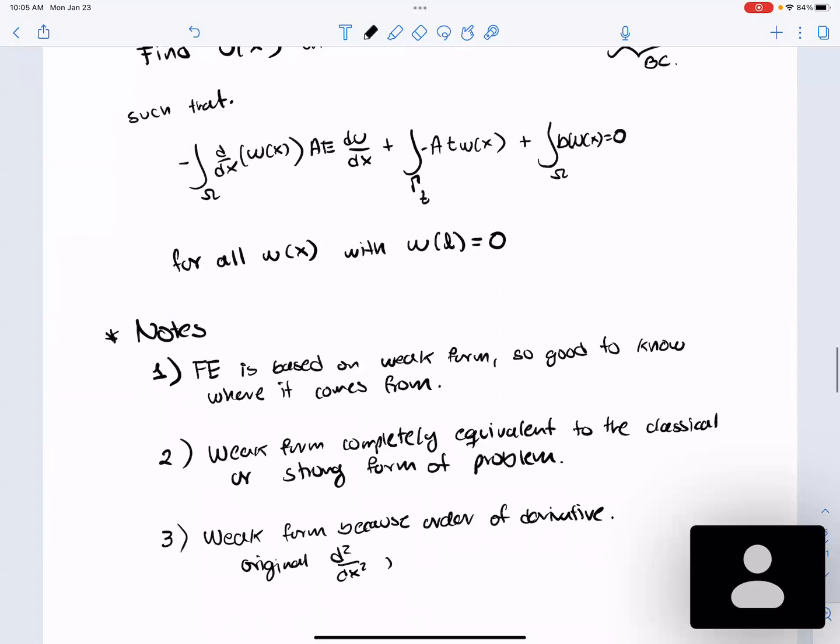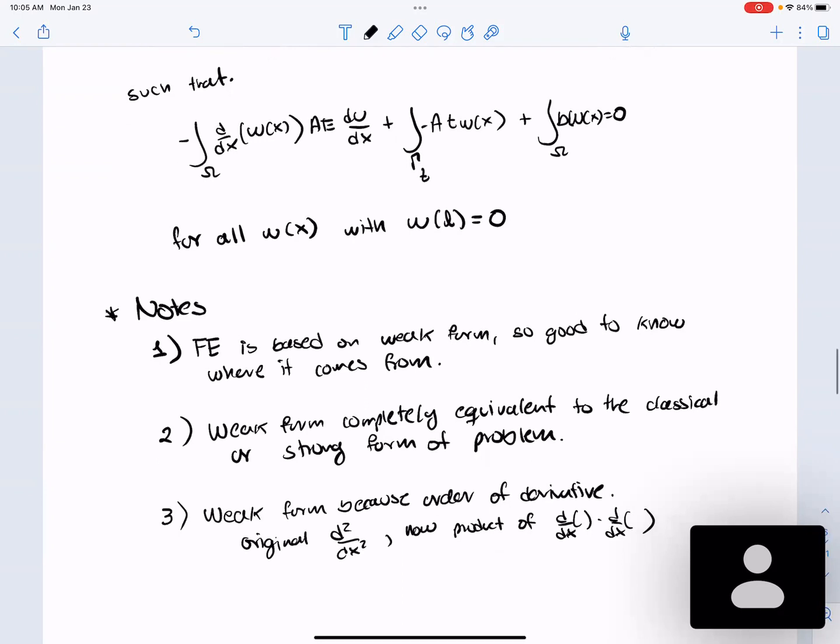Instead, this problem does not have any second derivatives. At most, it has this product of the first derivative, some d/dx of something times the d/dx of something. That's what makes it weak, that you don't need the higher derivatives.